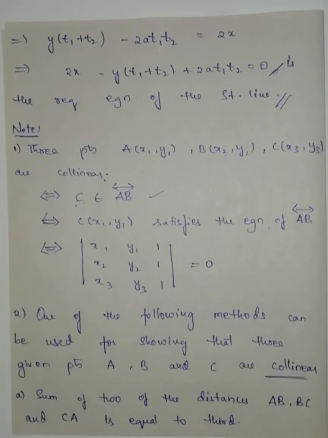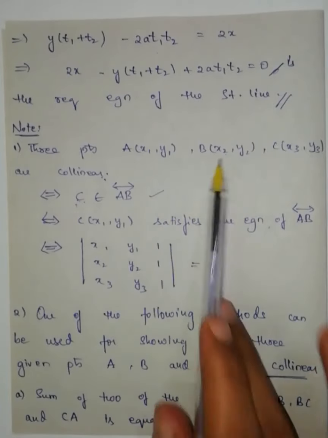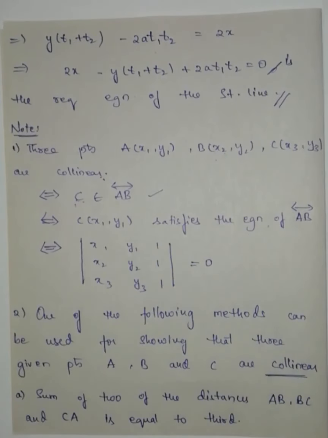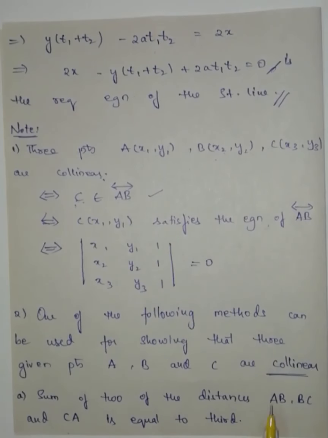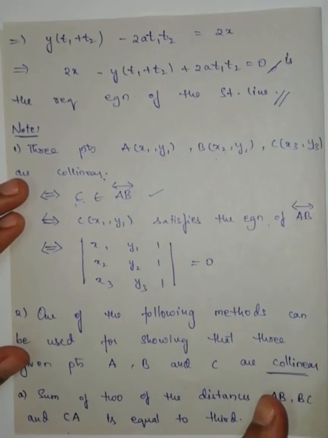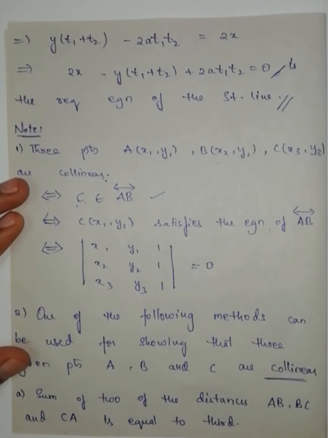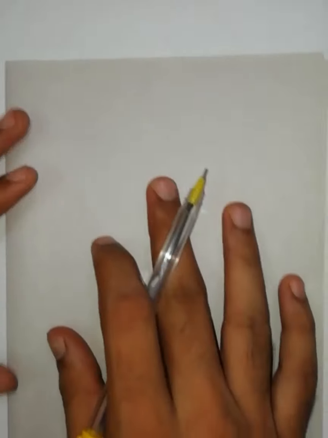What it means? I am finding the distance between AB, BC and CA. Sum of any two, either these two or these two or these two, is equal to the third one. Then directly I can say that the 3 points are collinear. Or in this way we only have to find the distance between AB, BC and CA, and check this condition.